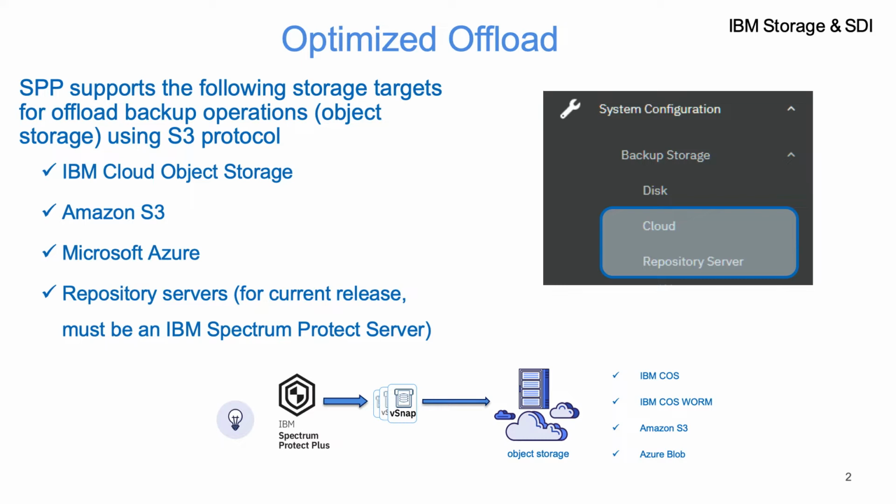One is S3, which covers IBM COS, COS WORM, Amazon S3, and Azure Blob Storage, and the second one is a repository, which is more to do with IBM Spectrum Protect. With that, let's dive into the demo and cover the backup and restore scenarios.